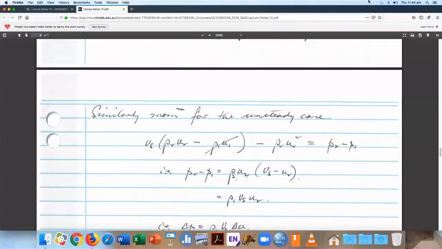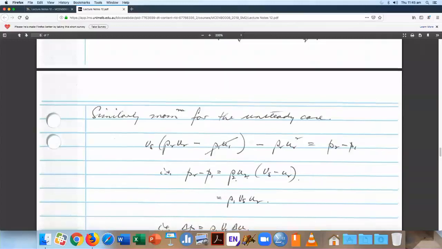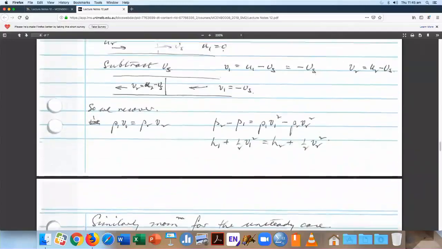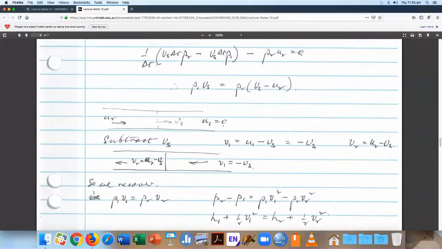P2 minus P1 is the net force in the x direction. P2 minus P1 is rho 2 u2 (us minus u2). Well, now that's interesting because I can go back up here and I wrote that rho 1 us from conservation of mass was rho 2 (us minus u2).